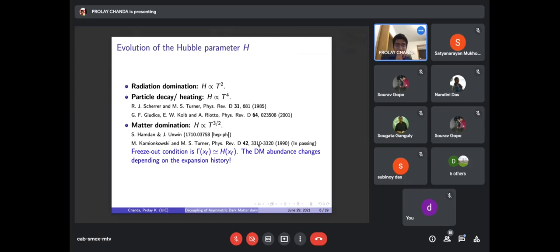For example, if the universe remained radiation dominated, the Hubble parameter grows as T squared, temperature squared, and if non-relativistic matter dominates the energy density at that time, then the Hubble parameter grows as T to the 3 over 2.